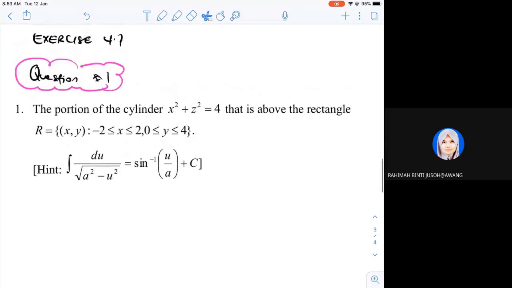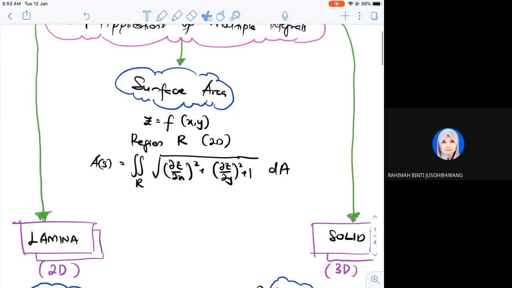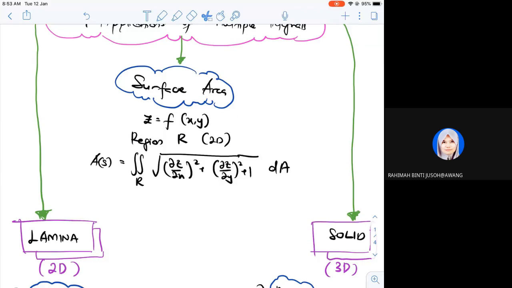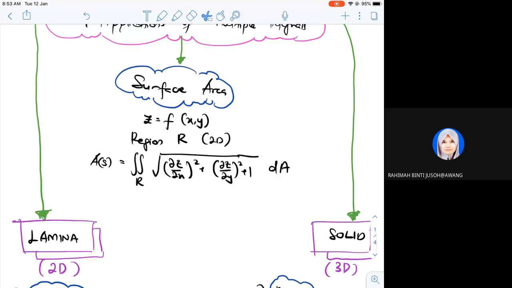So, surface area. Okay, the formula of surface area.